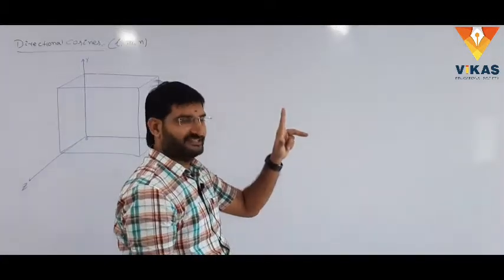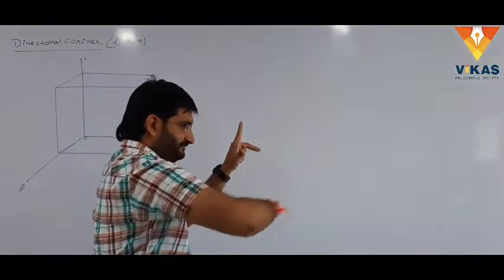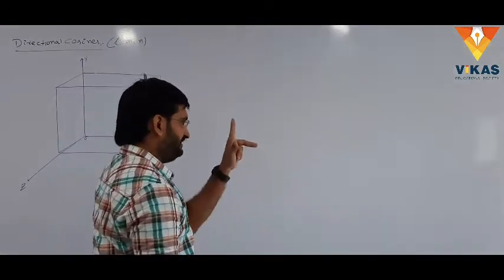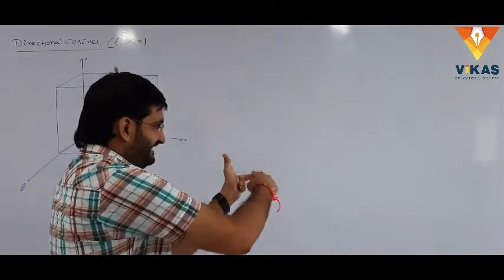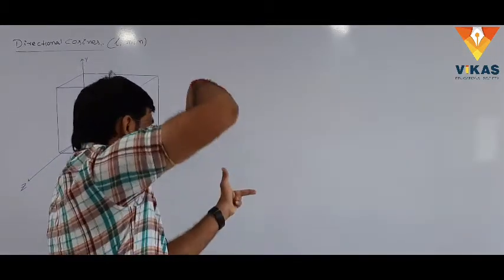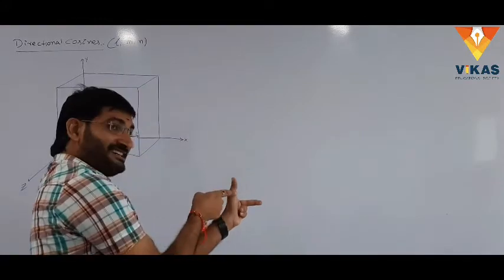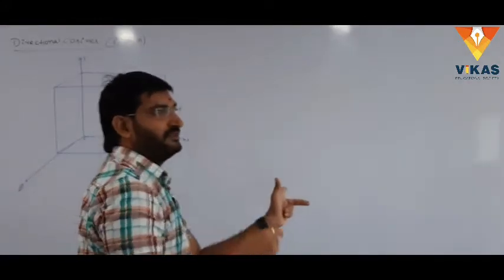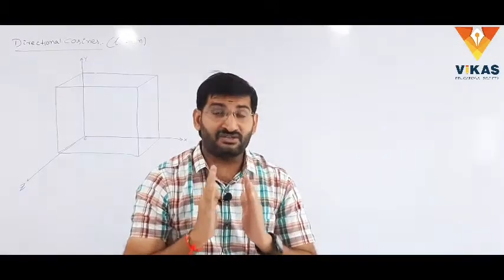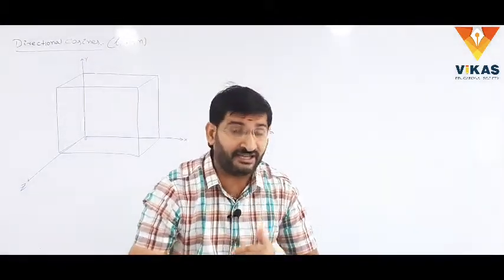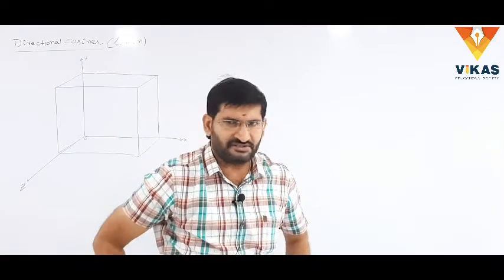How do we recognize it like this? This is the earth, a flat surface. The coordinate system is like this. This is east, this is north, this is vertically upward. Here in the three-dimensional manner, the z direction is vertically upward. Understood? Right.